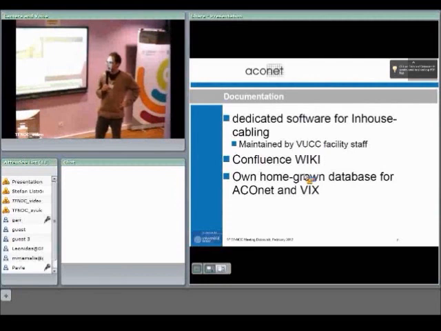Interestingly, these are two different databases, as they have grown at different times. They are very similar and have almost the same feature sets. If we want to configure something new, it first gets documented in the database, and then we have some synchronization scripts that generate the configuration lines we need, and we then manually paste them into the devices.